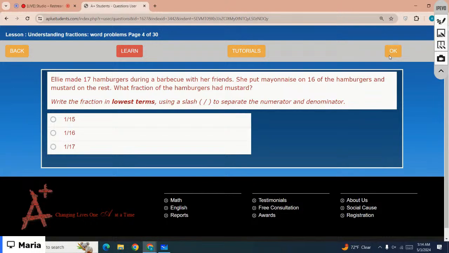Ali had made 17 hamburgers during a barbecue with her friends. She put mayonnaise on 16 of the hamburgers and mustard on the rest. What fraction of the hamburgers had mustard? Which is the correct option?